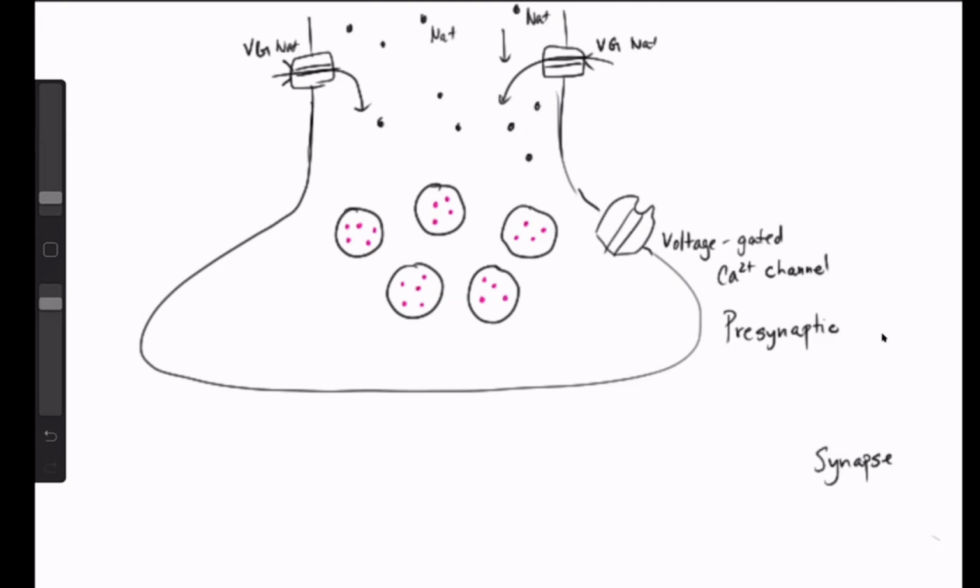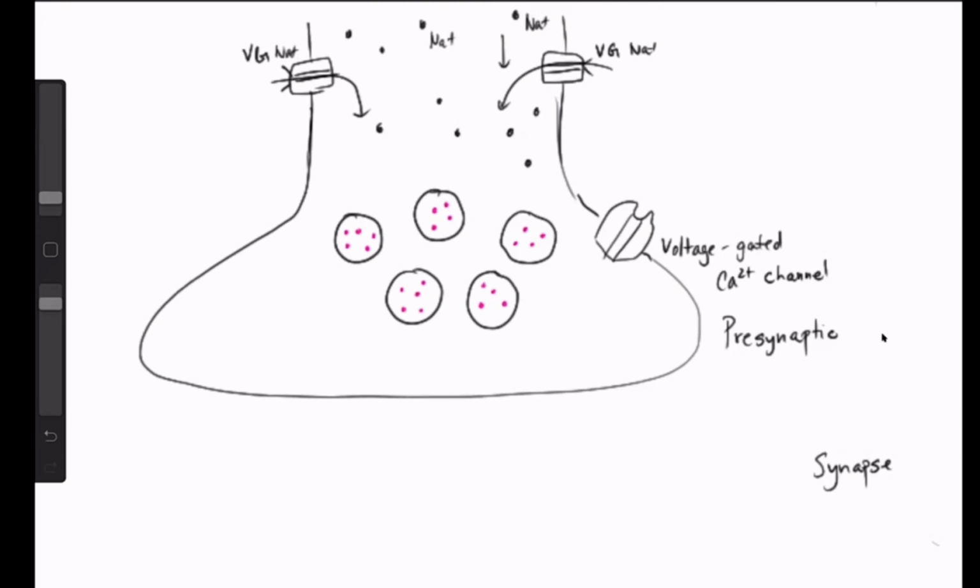So guess what? As these sodium ions come into the synaptic terminal, they create a depolarization, a positive membrane potential, which then triggers these voltage-gated calcium channels to open. And because we've already established that the concentration of calcium is always high on the outside with respect to the inside, calcium is going to come in.